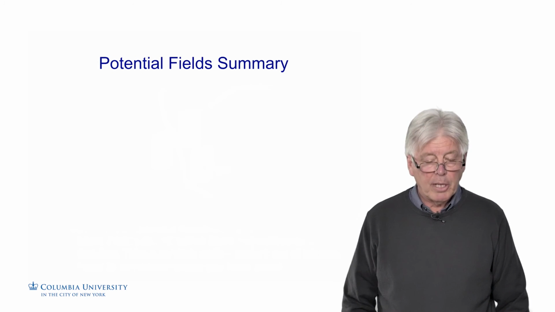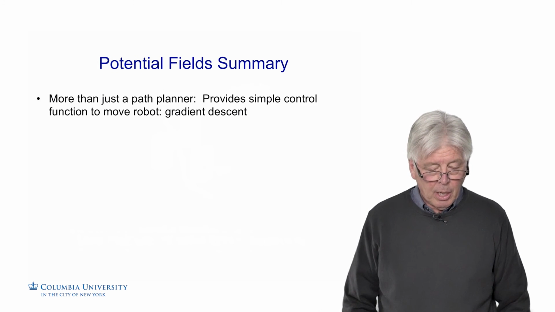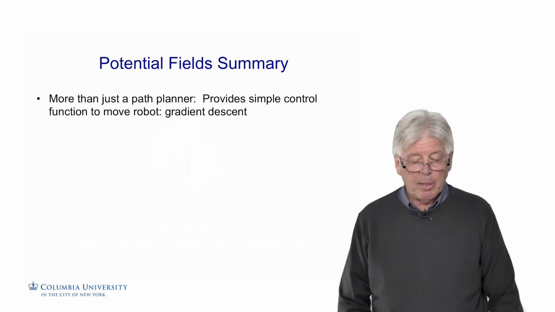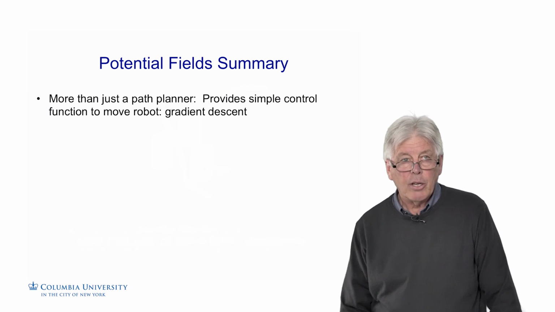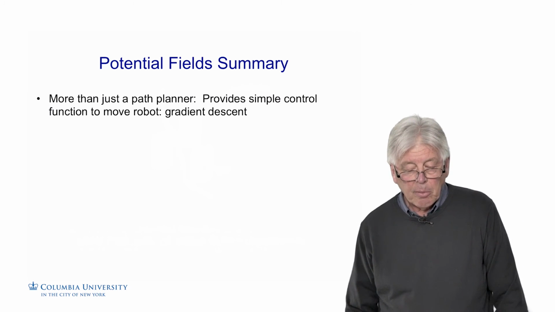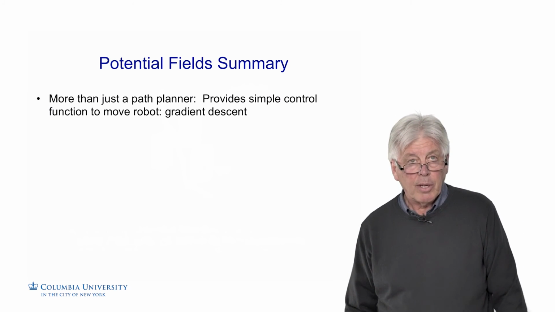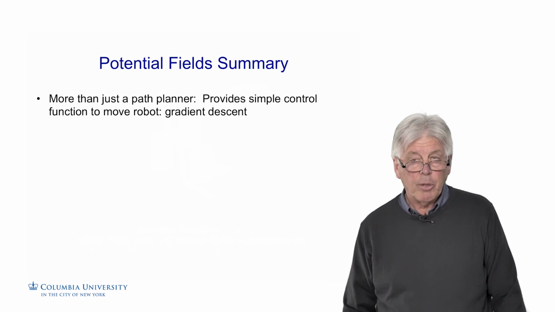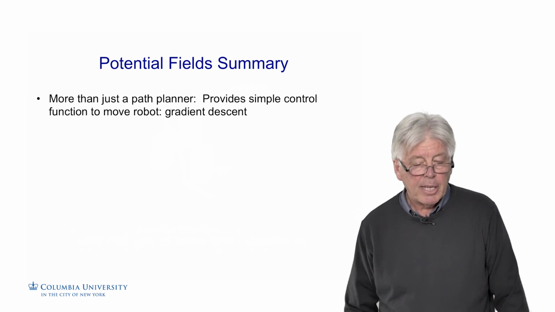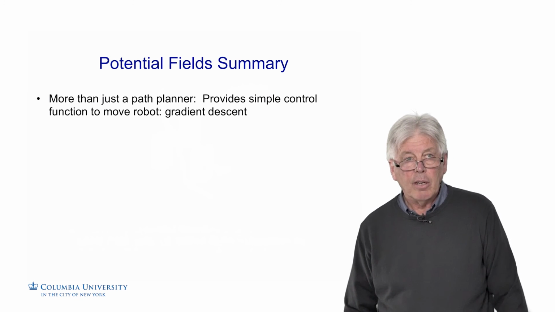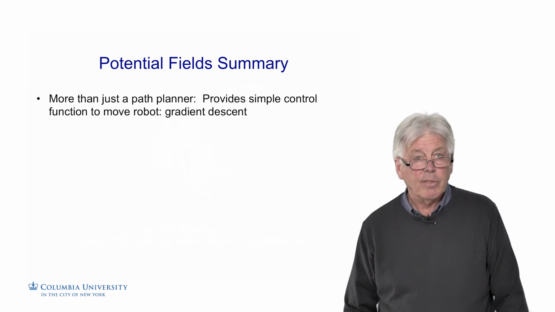So let's summarize potential fields. They're more than just a path planner. When you follow the gradient from this energy function, you can provide a simple control function. So you're not only showing the path, but you're showing the robot how to do this. And if you think of the potential as distance, you can think of the derivative of the gradient as the velocity.